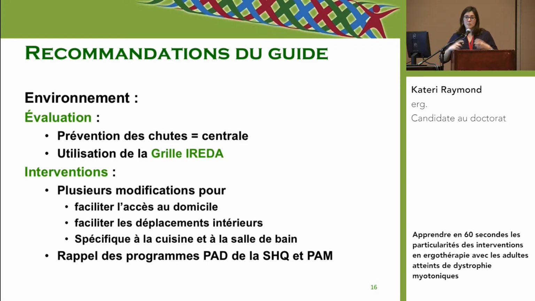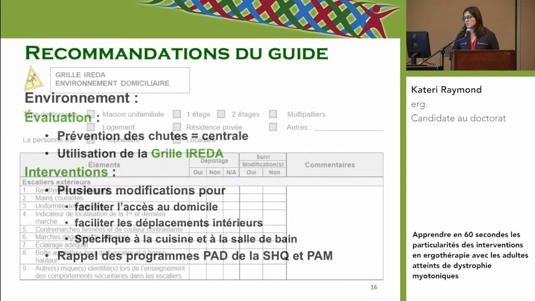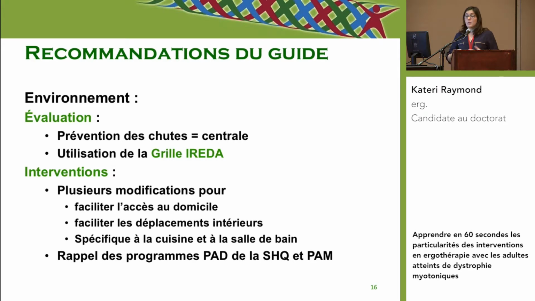First of all, for the assessment of the environment, it's really prevention of falls which is central, and we suggested the IRIDA matrix. It allows you to cover all the aspects of the environment, so it can really help structure the practice, but it's already fairly well implemented, though not everywhere.